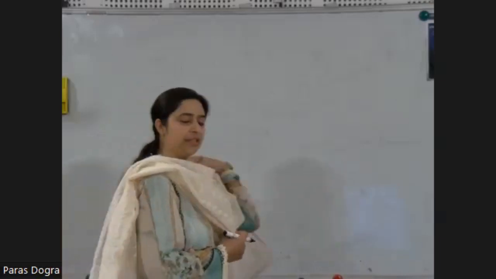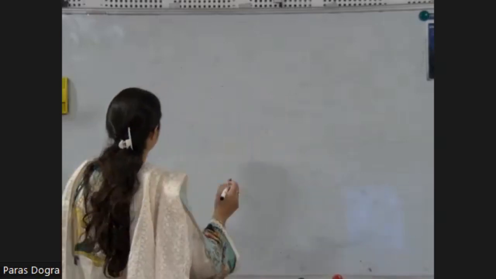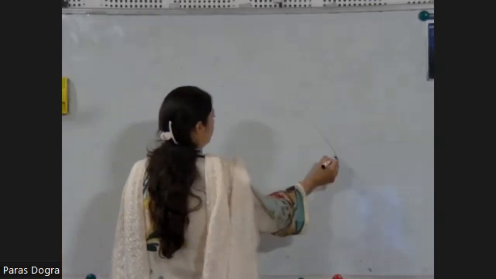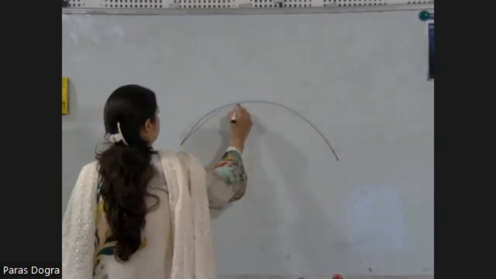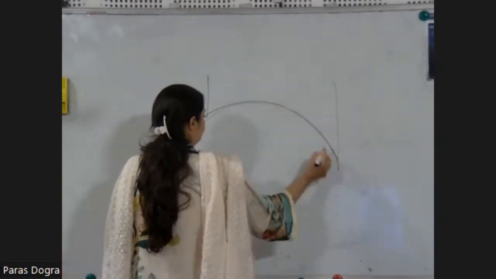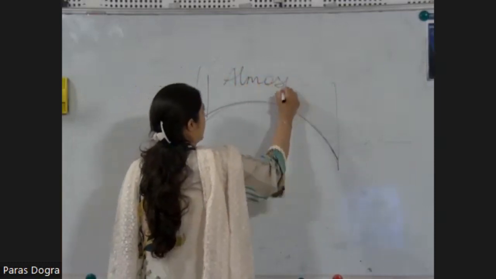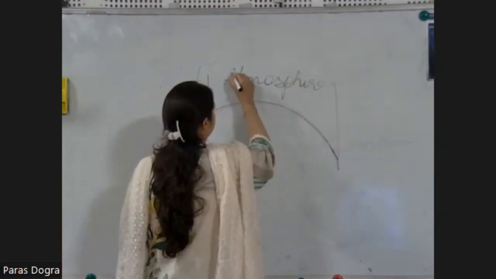So let's start. Atmosphere, as we all know, is a gaseous envelope which surrounds the planet Earth. So if we say this is the surface of the Earth, the atmosphere is a layer which is surrounding the Earth.